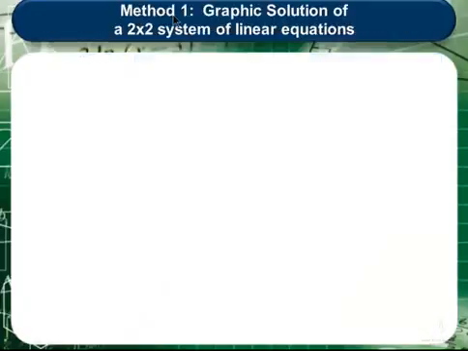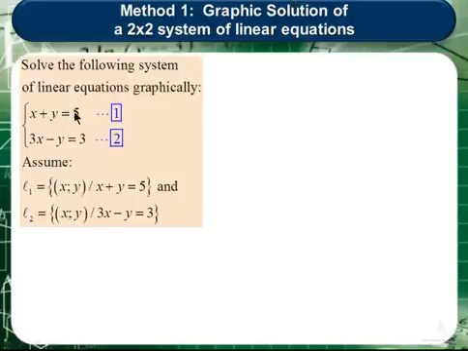In the first method of solving a 2 by 2 system of linear equations, we will consider a graphical approach. Here we have the problem: given a 2 by 2 system, 2 linear equations and 2 unknowns x and y, as indicated by equation number 1 and equation number 2, we have to find the solution graphically.